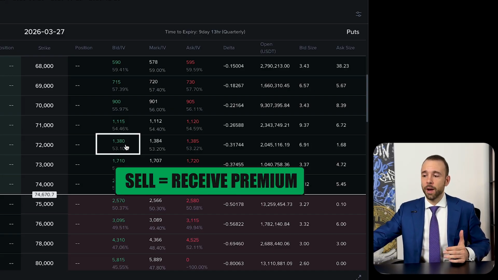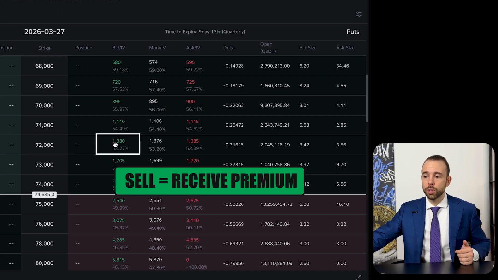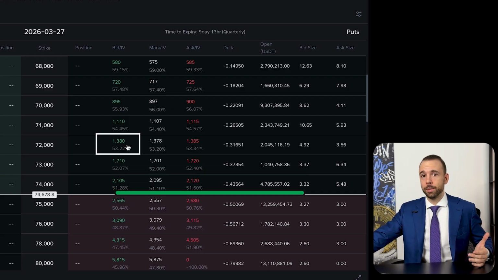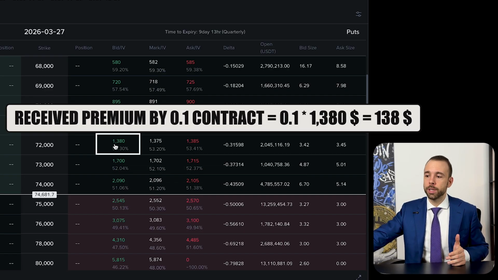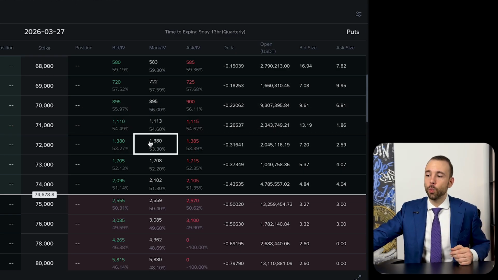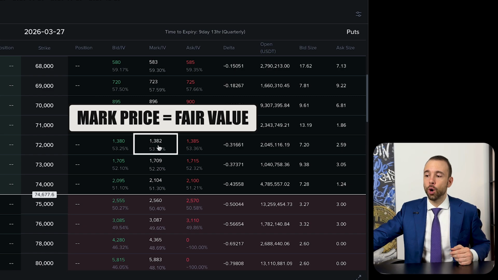So that means if I'm going to sell this put option, I'm going to receive $1,380 per 1 BTC. So if I'm going to sell 0.1 Bitcoin, I'm going to receive $138. And in the middle, we can find also the fair value of this option.